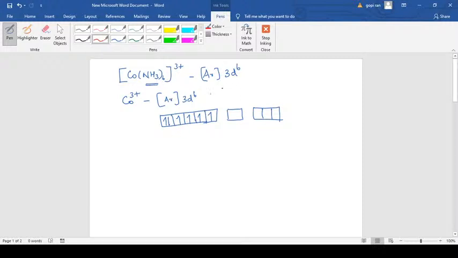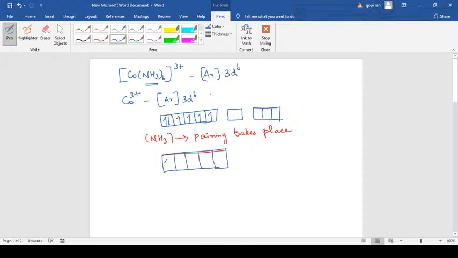Strong ligand. If ammonia is a strong ligand, then pairing takes place. So once pairing takes place, see here, this gets paired, and this gets paired.